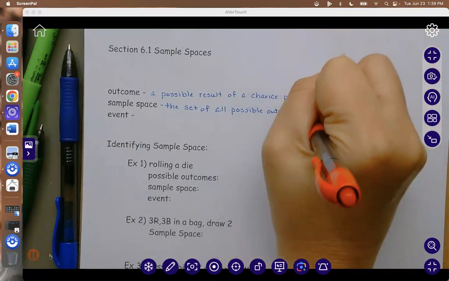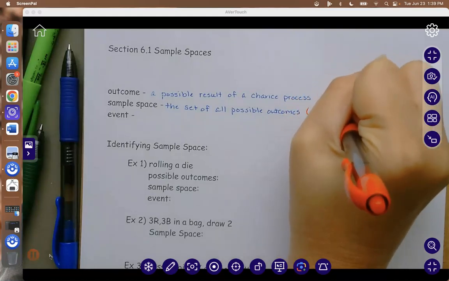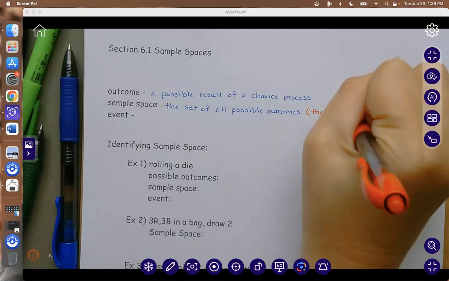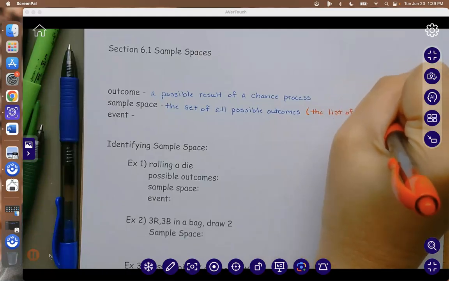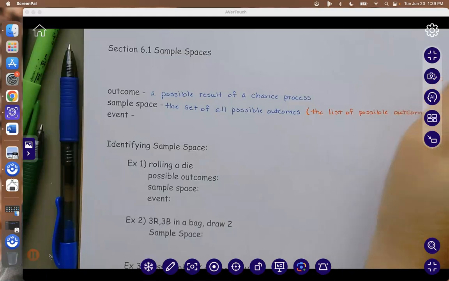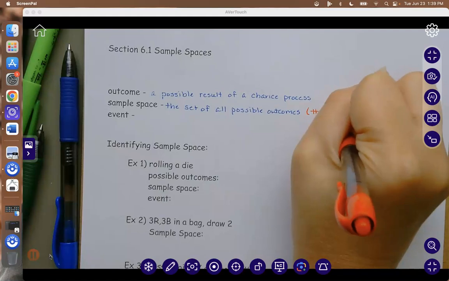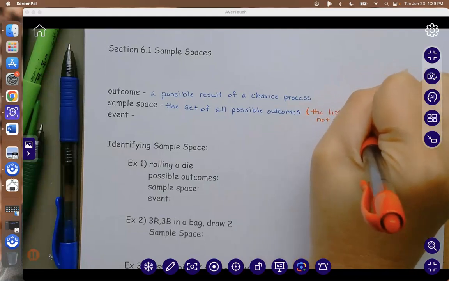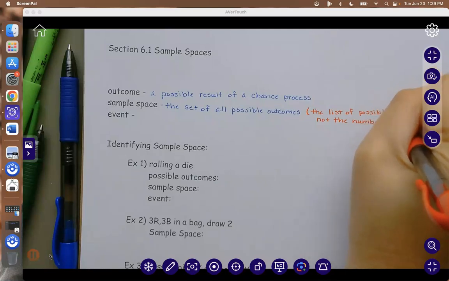So this is the list of possible outcomes, not the number of outcomes.